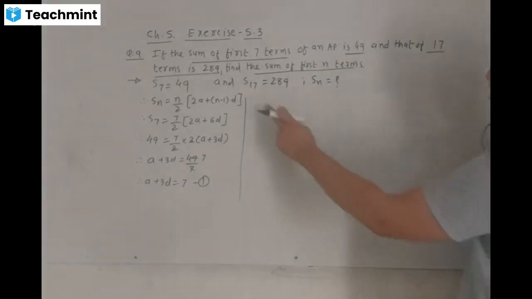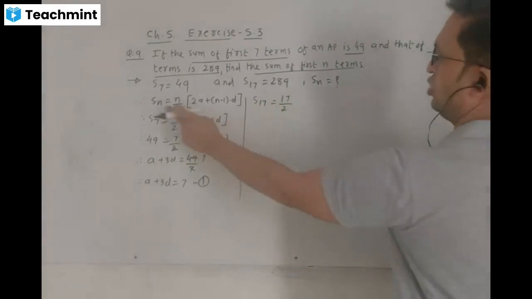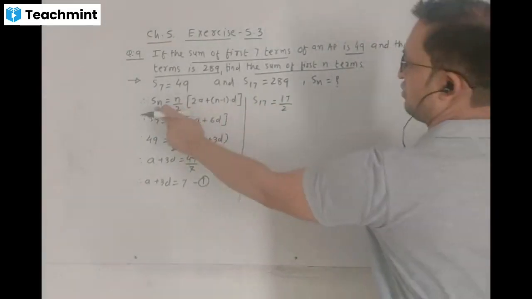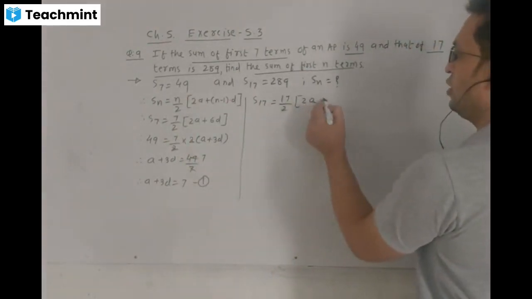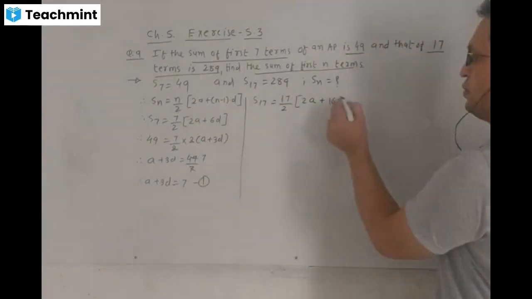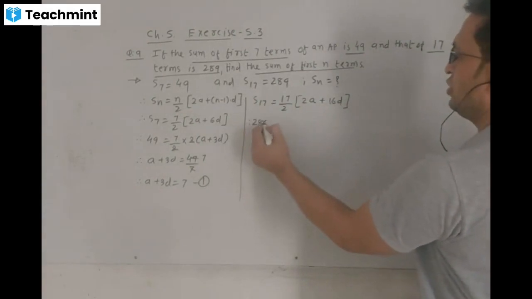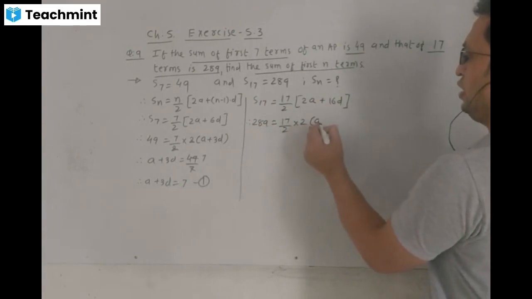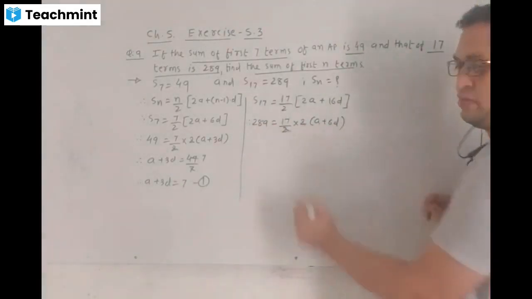Similarly, for S17, S17 is equal to 17 by 2 times 2a plus 17 minus 1, that is equal to 16d. Put n is equal to 17 in this formula. S17 value is 289. 17 by 2, and 2 is common, a plus 8d.